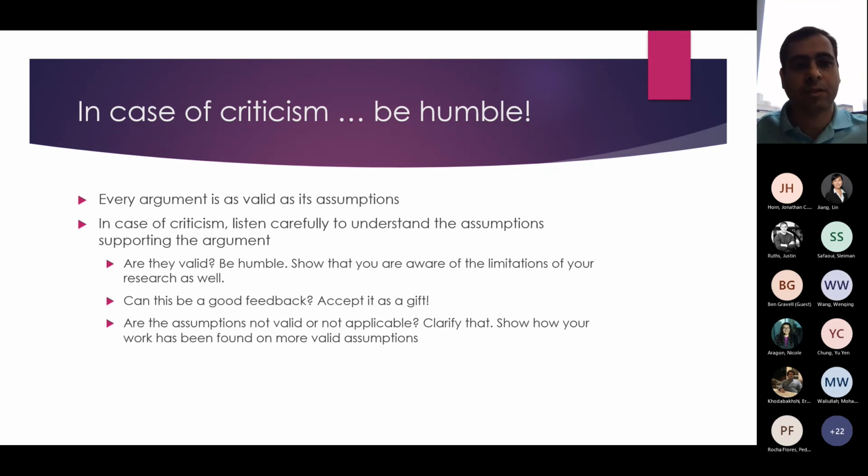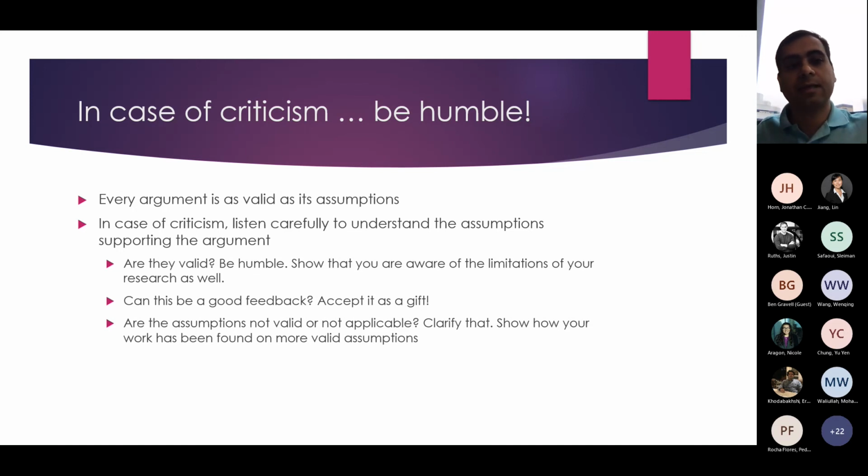There are some assumptions that support every argument, and the argument is as valid as those assumptions. In case a criticism happens, listen carefully to understand the assumptions. Ask yourself, what are the assumptions behind the argument that this person is making?